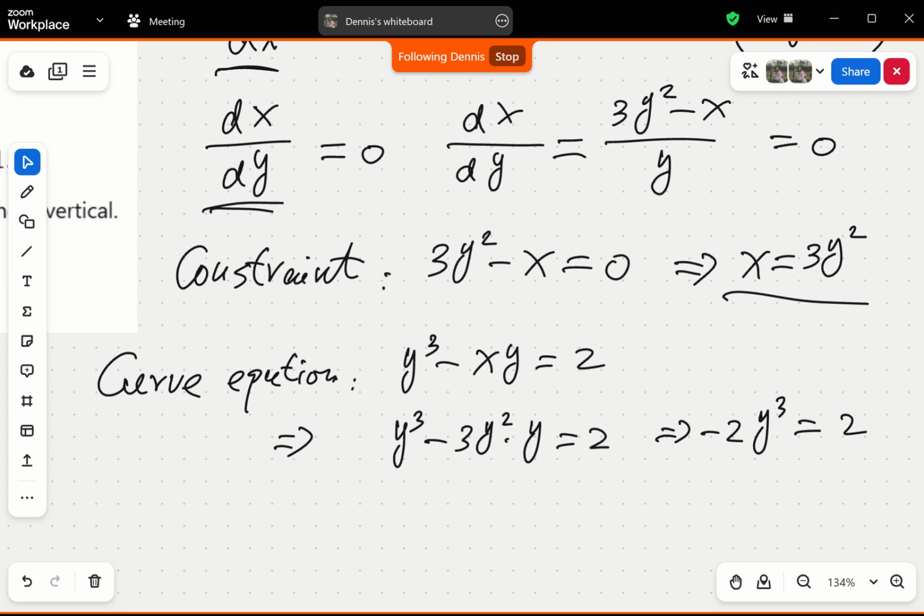So we solve that y^3 = -1, which is y = -1.